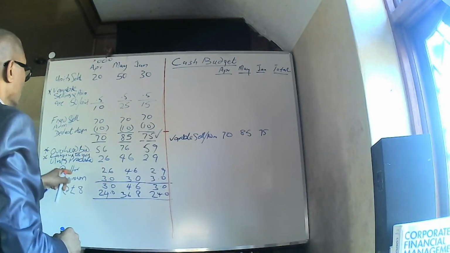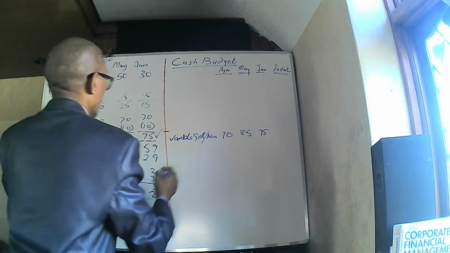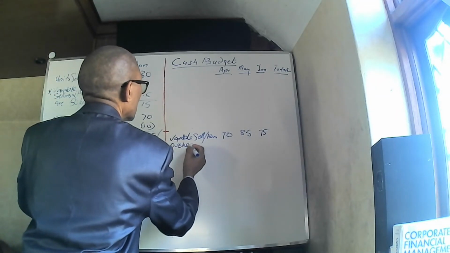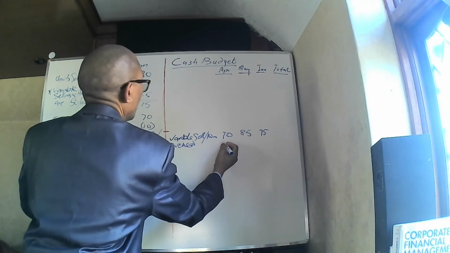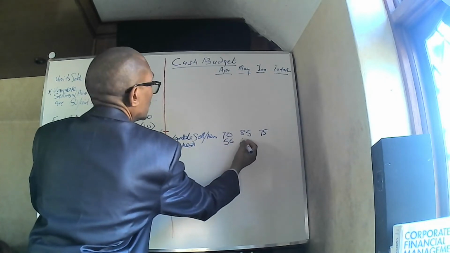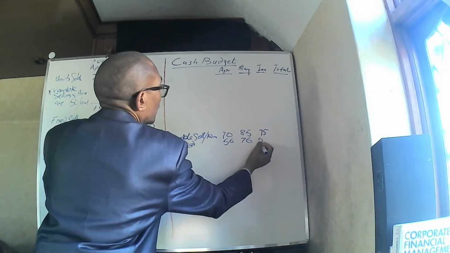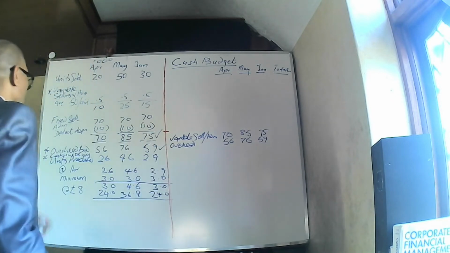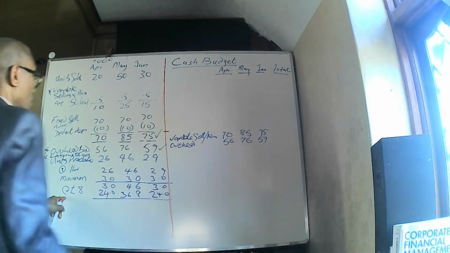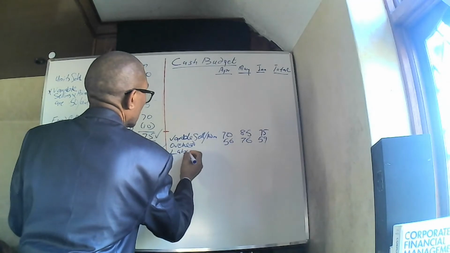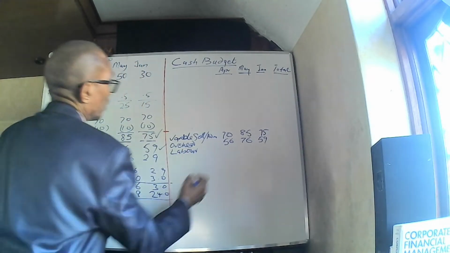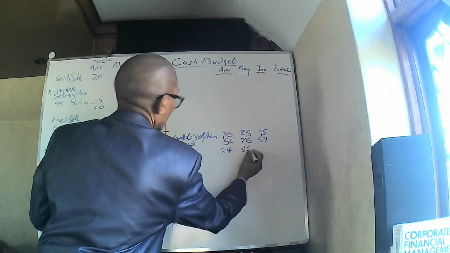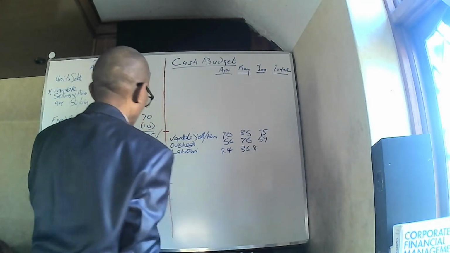My overhead budget given to me again will be overhead 56, 76, 59. I've done this. My labor budget again will be labor 24, 36.8, and then 24.